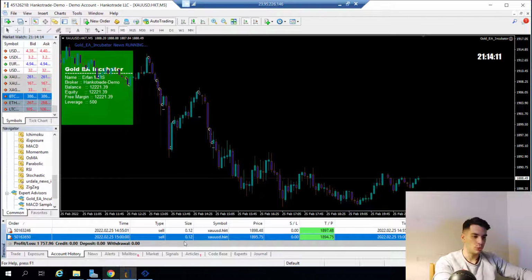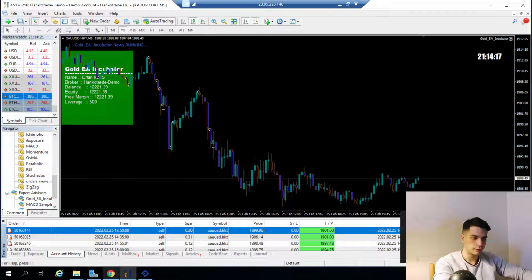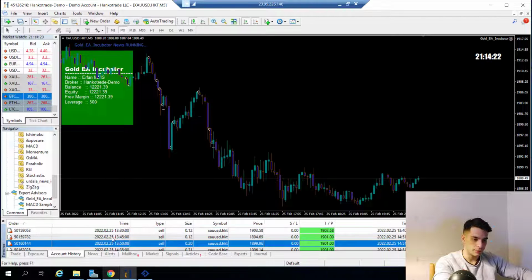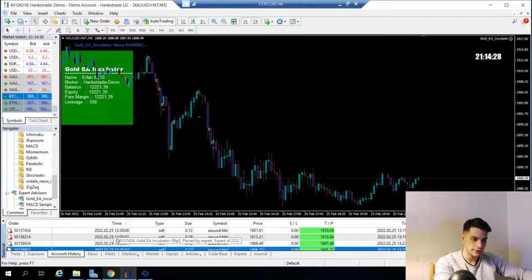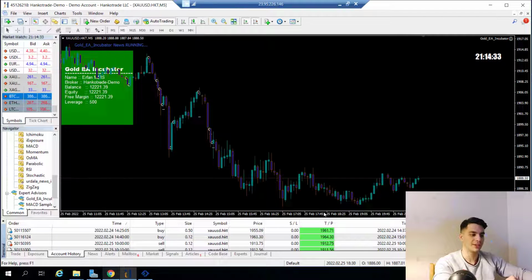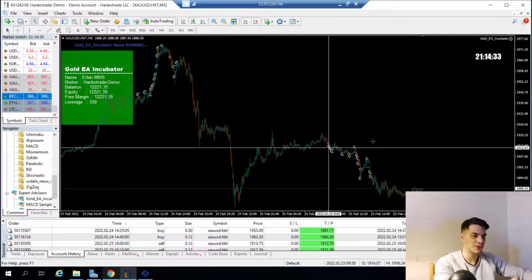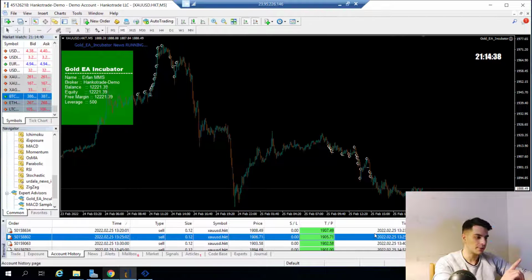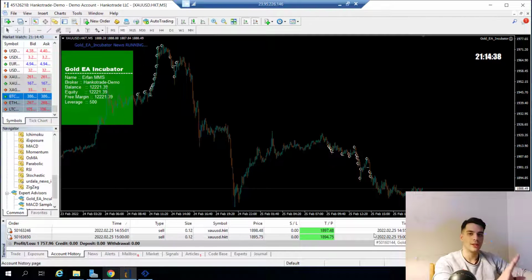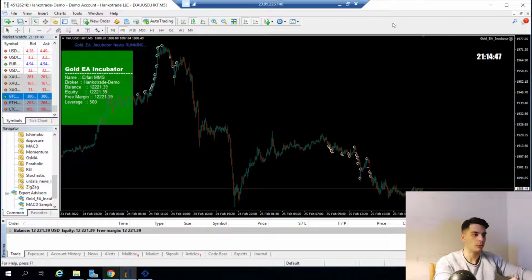On the 25th, we took 16 trades during the London session, and you can literally see how many trades it took around this area, which is the London session. It's crazy, and every single one of them except 2 closed in profit, and we are up $1,757, and in total we are up almost 21%.